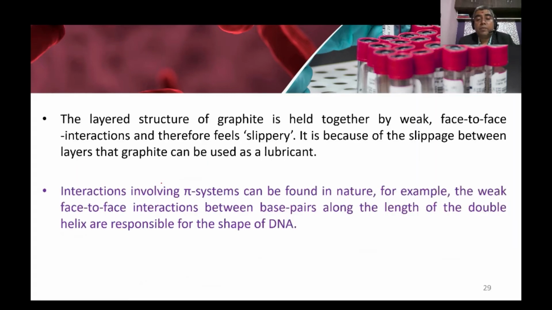The layer structure of graphite is held together by weak face-to-face interaction and therefore feels slippery. It is because of this slippage between layers that graphite can be used as a lubricant, as it is used for writing purposes as pencils because these layers slip on each other.